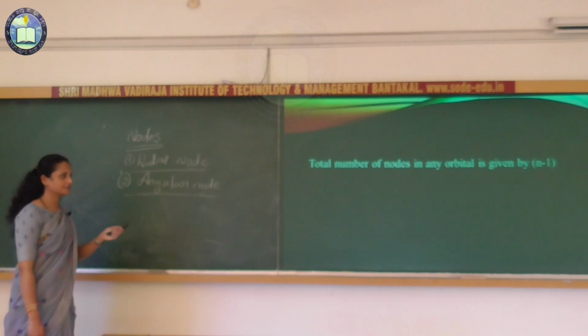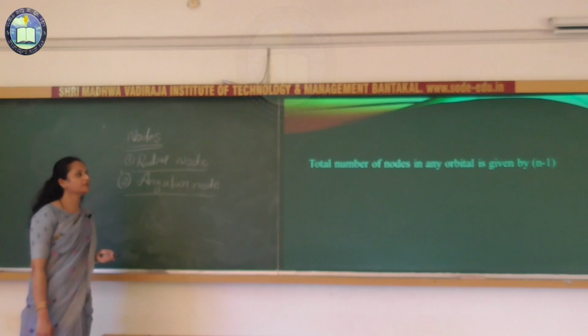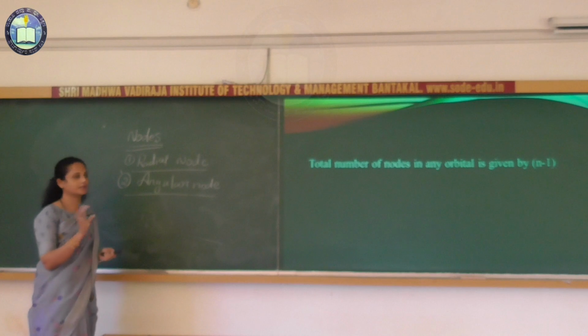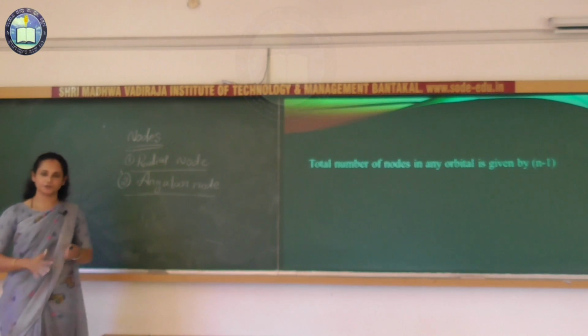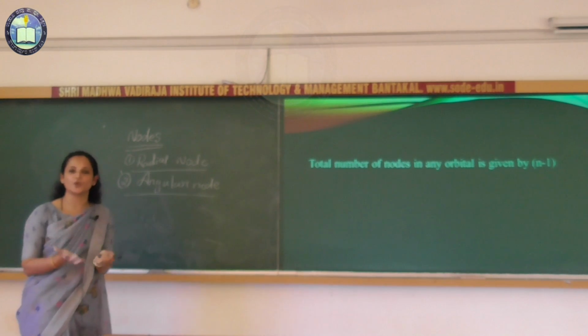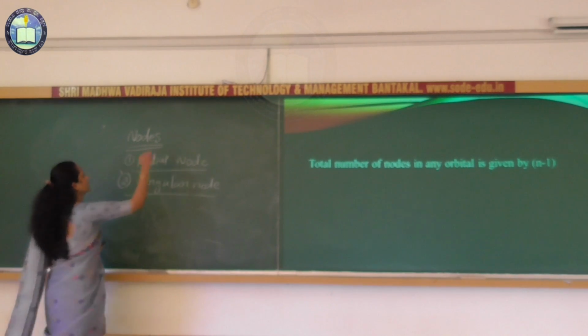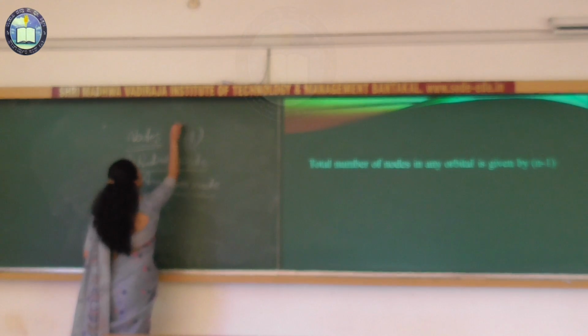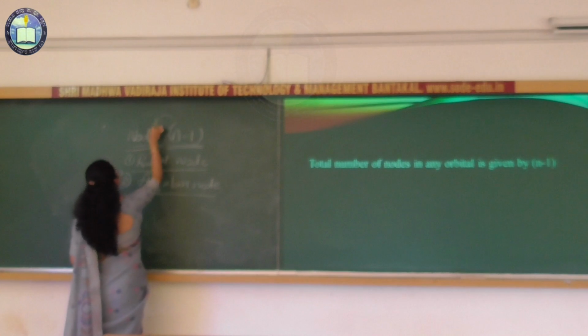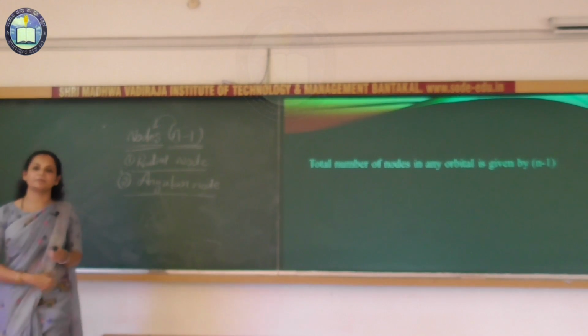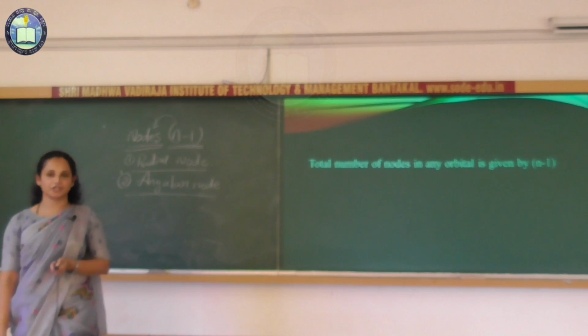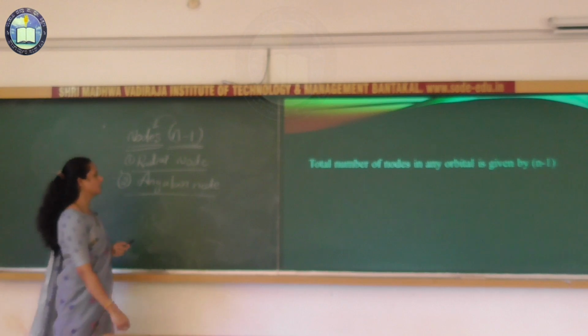Before that, the total number of nodes in any orbital, whether radial node or angular node, how many nodes a particular orbital has, that can be calculated using the n-1 formula. So this formula gives the total number of nodes present in a particular orbital: n-1.